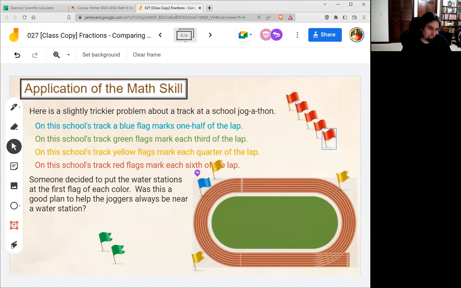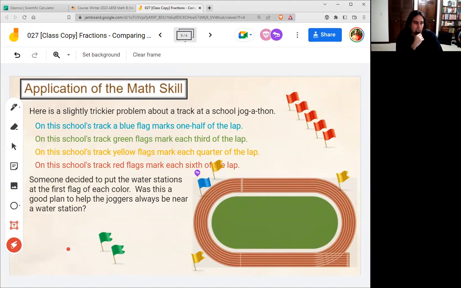And they're going to mark sixths. And then the problem says someone decided to put the water station at the first flag you get to of each color. Is that a good plan to help the water stations be distributed evenly around the track so the joggers are always near a water station?